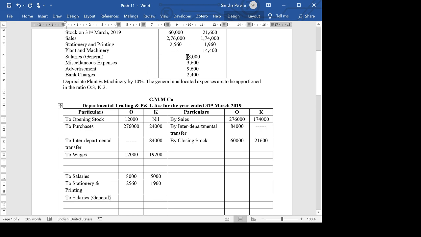So this 18,000 has to be divided in the ratio of 3 is to 2. So if I divide 18,000 in the ratio of 3 is to 2, I will get 18,000 divided by 5 into 3.